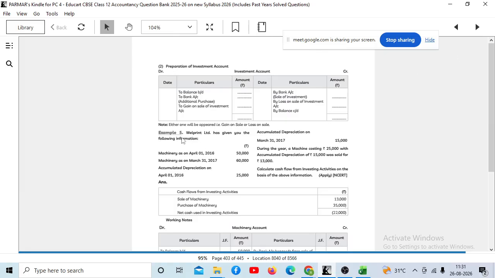See, example number 5 we will solve. Wellprint Limited has given you the following information.